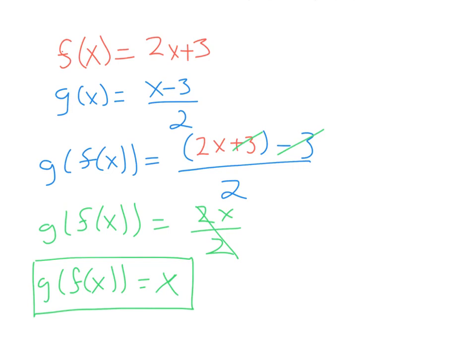So let's do another example, and then that's kind of the idea of the inverse and finding the inverse. Alrighty, so let's take a look at these examples right here. So we'll start off nice and simple. Say I had f of x is equal to 2x, something simple like that.